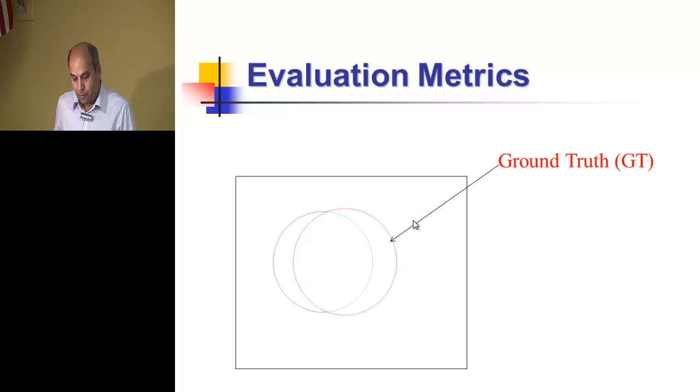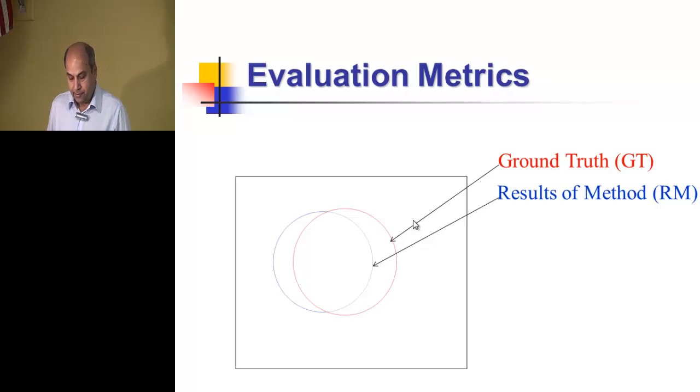Okay, so let's say we have a red circle. It is all the ground truth, and all the examples in that are the true class, say for example all are dog. Then the blue circle is the examples which your algorithm says are of that class, let's say dog. So the blue one is the result of your method, and this is the ground truth.